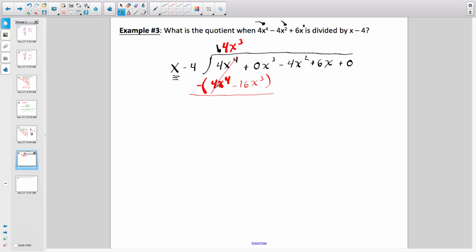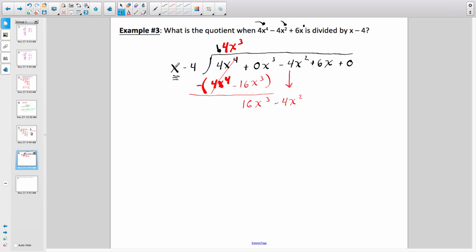Very nice. Now, here's that 0 that we filled in, and this is how this is going to work. What is 0? Subtract negative 16x cubed. Well, that double negative turns into a positive, so we just end up with positive 16x cubed. Now you bring down your next term, minus 4x squared. Awesome.